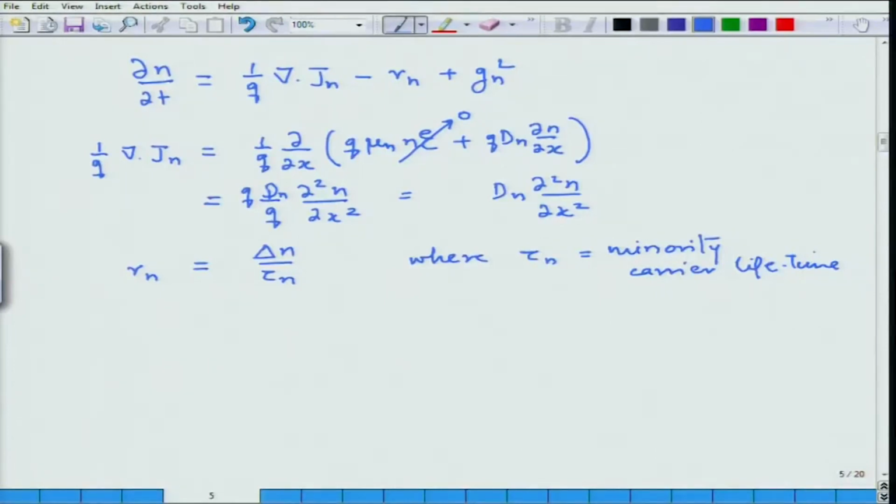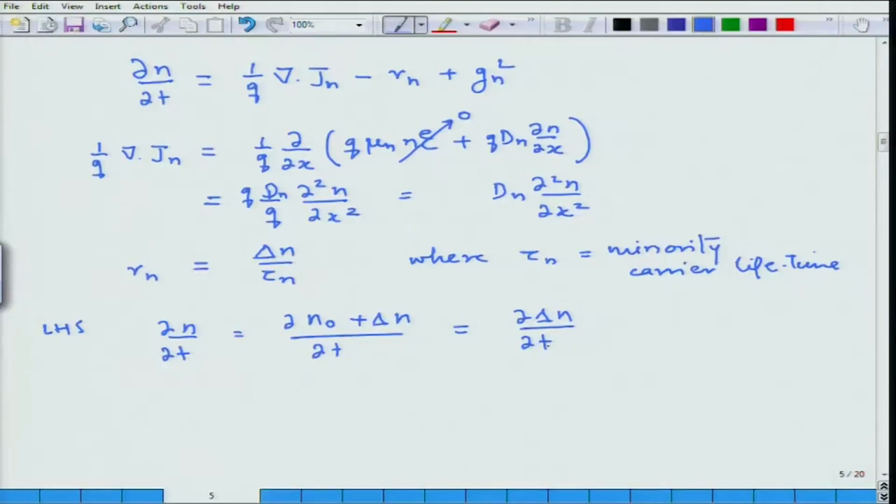And simplifying this to this situation, we can write the left hand side of this equation. Del n del t is nothing but equilibrium concentration plus the excess concentration divided by del t, and since the equilibrium concentration is not changing with time, this would be simplified to the excess carrier concentration over del t.